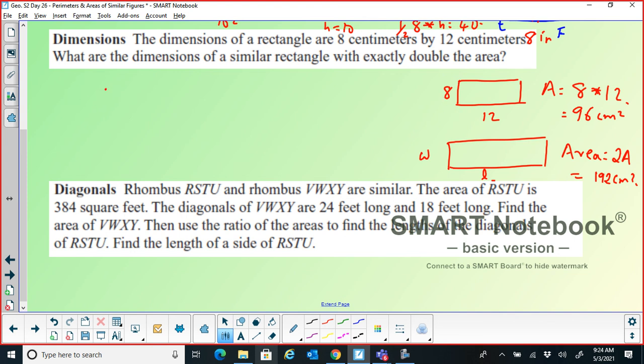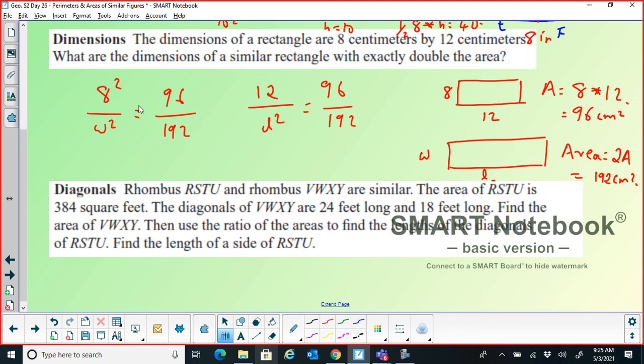And we have 8 squared over W squared equals 96 over 192. Same way I can also say that 12 squared over L squared equals 96 over 192. But we don't have to do this part.